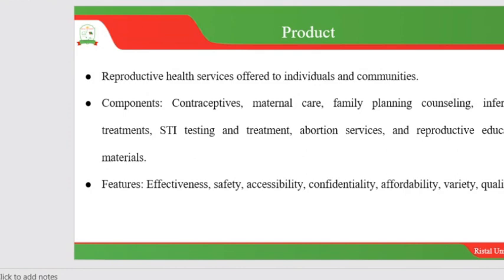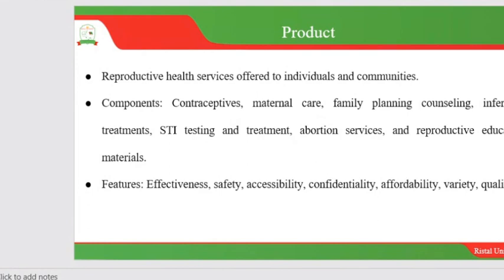So the features in the product include how effective is the product. For example, if you're doing malaria, if you're using RDTs, how effective is your RDT? You realize there are different organizations that are providing RDT, that are manufacturing RDT.